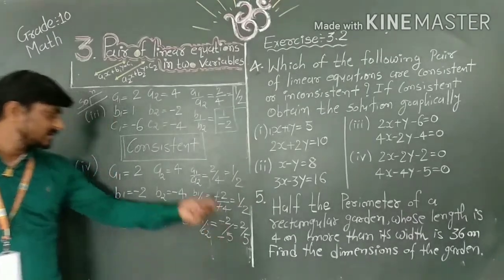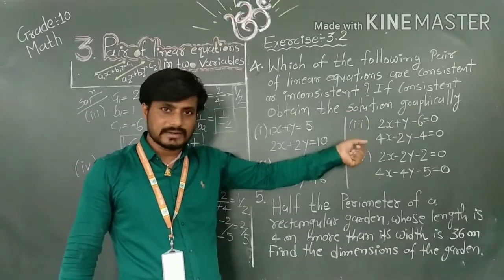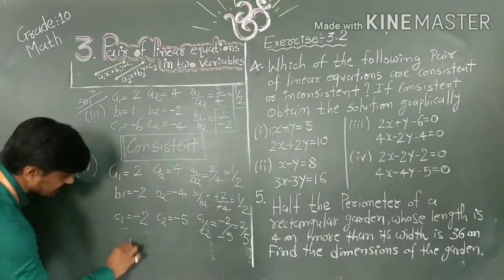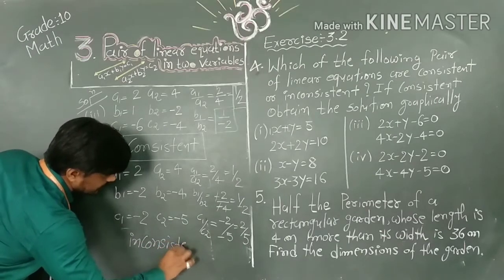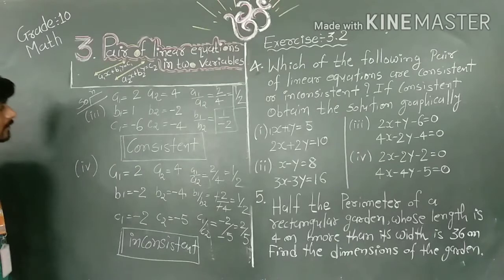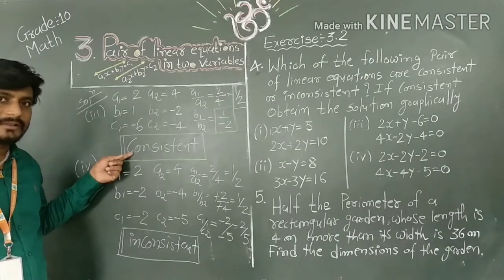That means these equations give us parallel lines, so no solution. That means we say it is an inconsistent line.